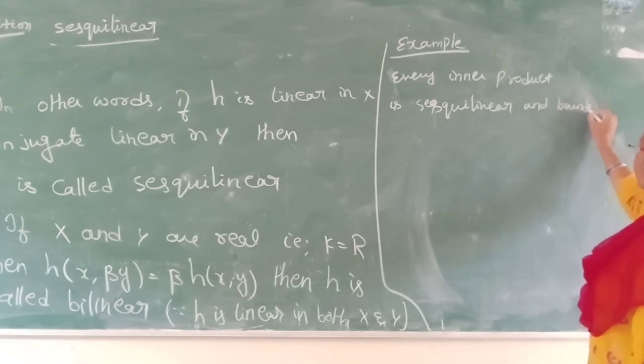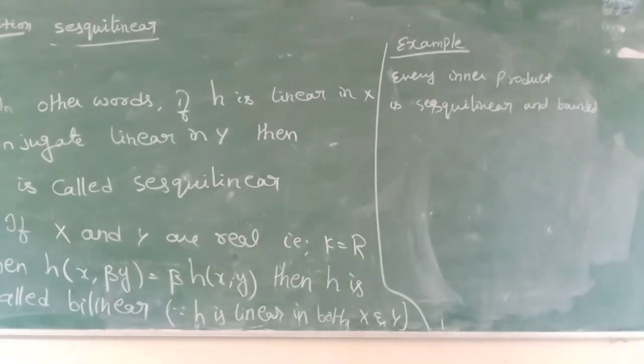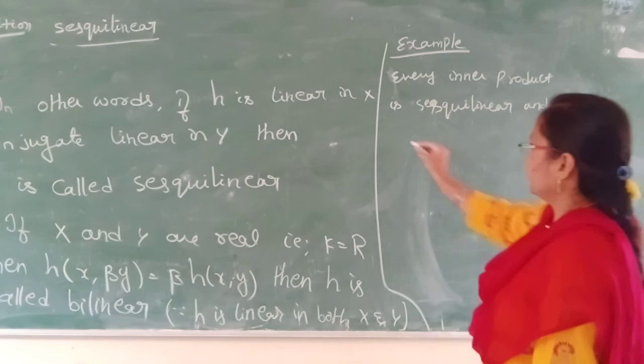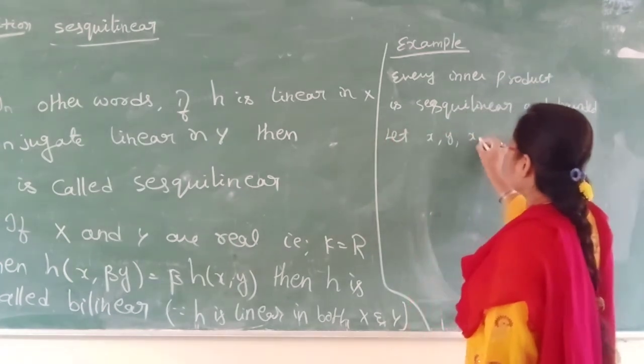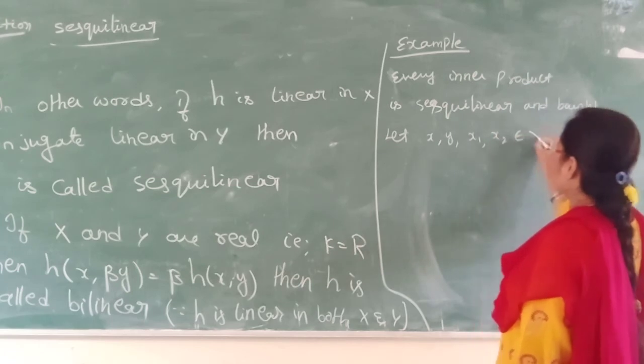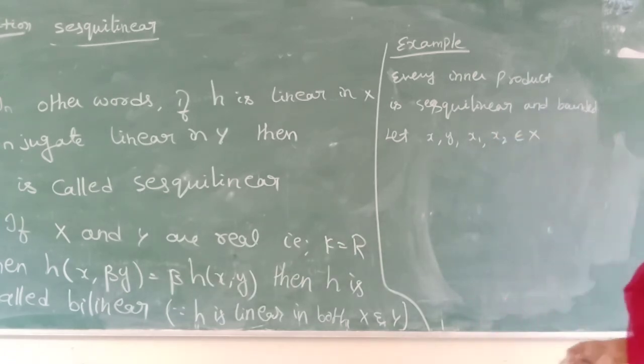How can we say that it is sesquilinear and bounded? For this purpose, here we want elements. So next line, let x comma y comma x1 comma x2 belongs to the set capital X. Here we are showing the sesquilinear properties.